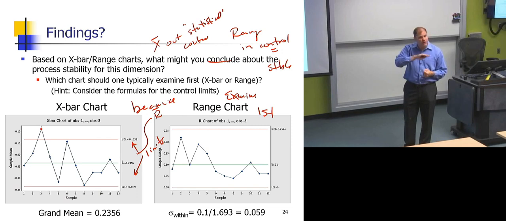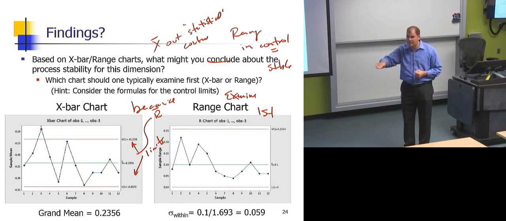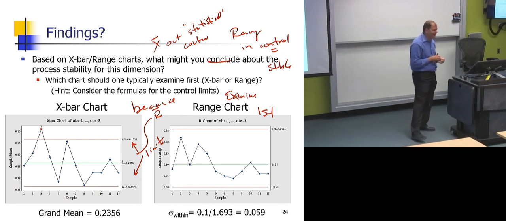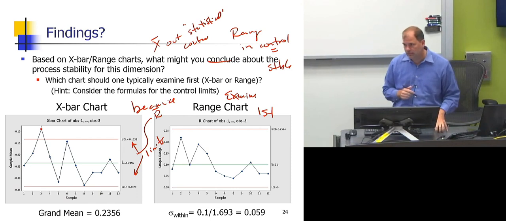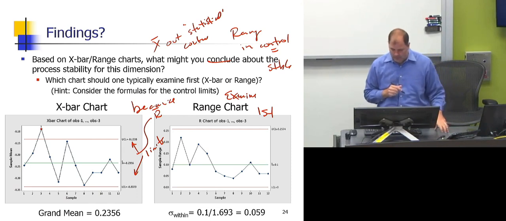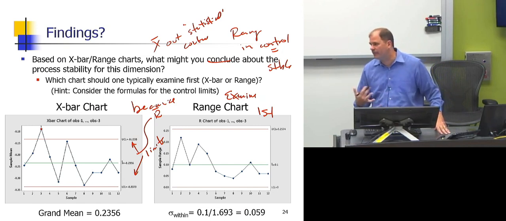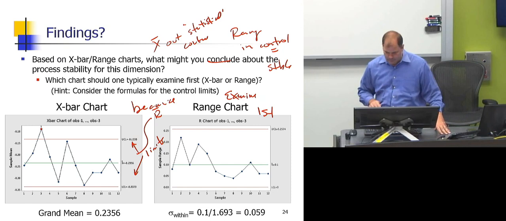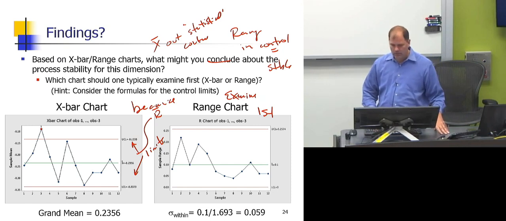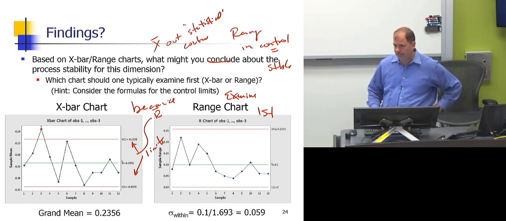Homogeneity of variance means the variability within a group is consistent before I go evaluate mean differences. This is used over and over again in statistics. First, get the range in control. Now, again, the software is going to do them at the same time. You just have to know that this is logically what we should do. All right?